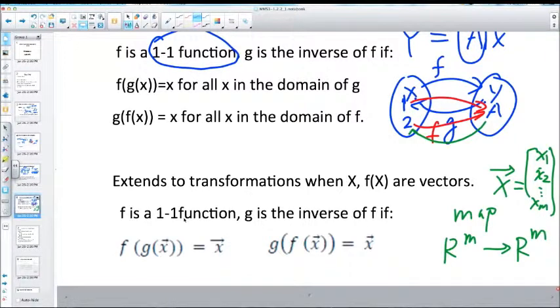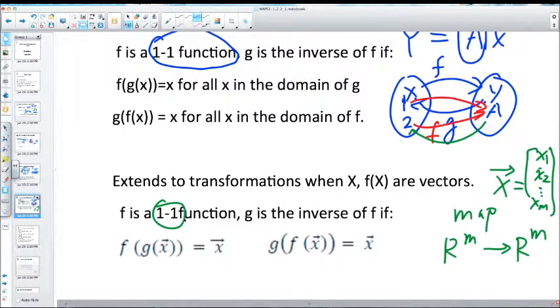Typically, m equals 2 for plane geometry, and m equals 3 for spatial geometry. So we also need the function to be 1 to 1. We call it a transformation now, and let g undo what f did. So the idea is the same.